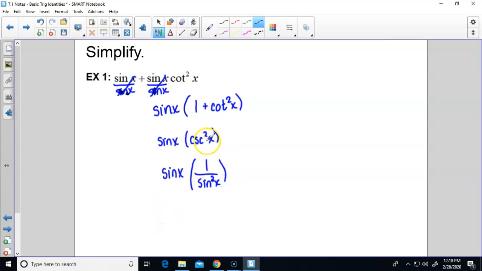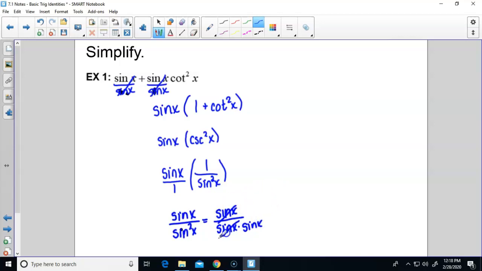If cosecant squared x equals 1 over sine squared x, we get this expression here, which I can put sine x over 1. I can multiply straight across. So we get sine x over sine squared x. If you want, you can think of it like this: sine x over sine x times 1 over sine x.